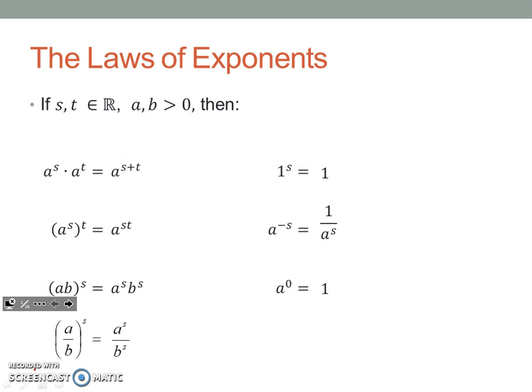And essentially what we're going to find out today is that it would be very handy if we could write radicals as exponents. Because then if we could write radicals as exponents, all of these rules would also apply to our radical signs. And the good news is that we can write radicals as exponents.